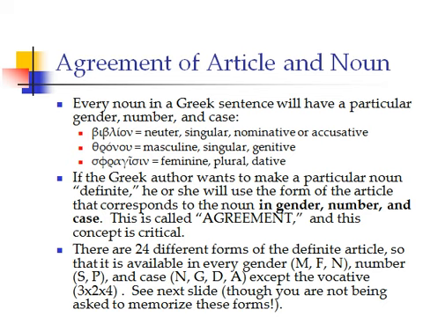If a Greek writer or speaker wants to attach a definite article, a word for the, to any particular noun, that definite article is going to have the same gender, number, and case of that particular noun in order to describe it, in order to be paired along with it. This is called agreement, and this concept is critically important. As a result, there are 24 different forms of the definite article, the Greek word for the.